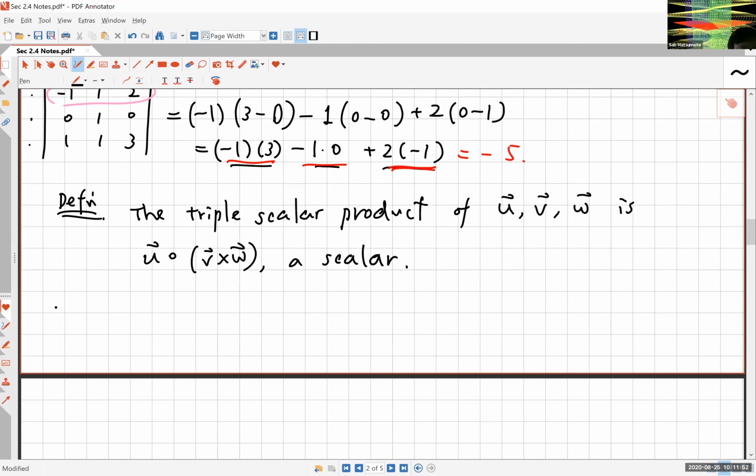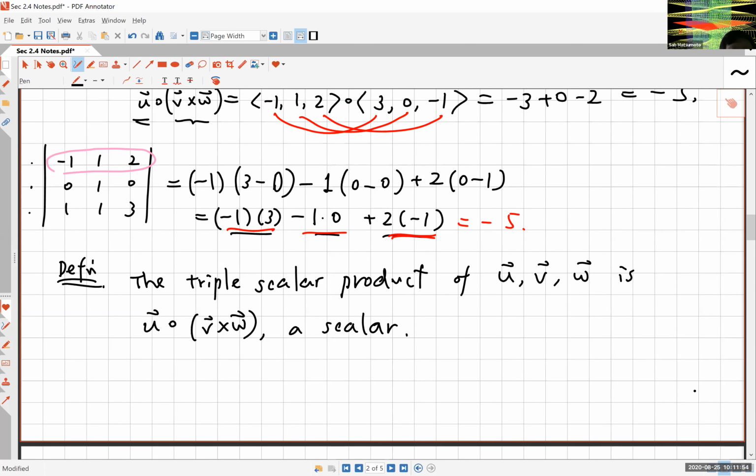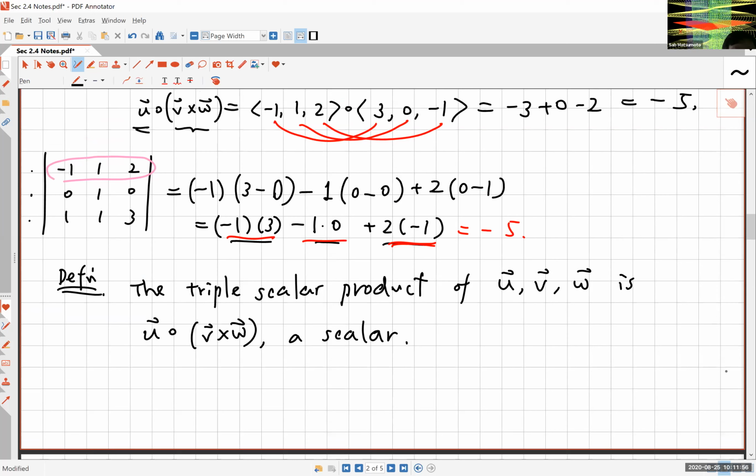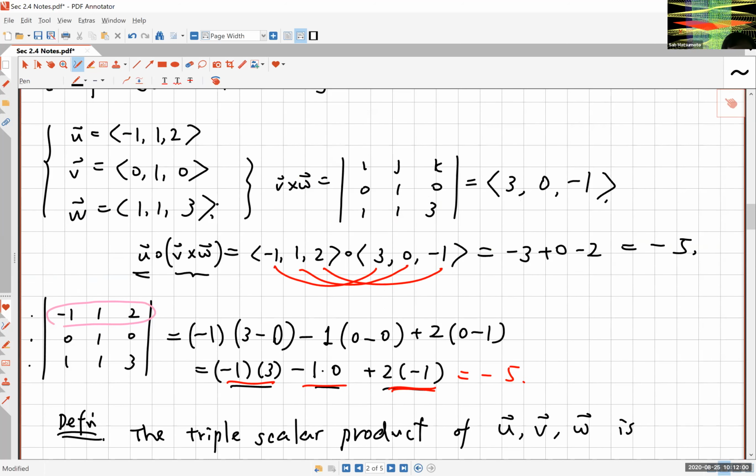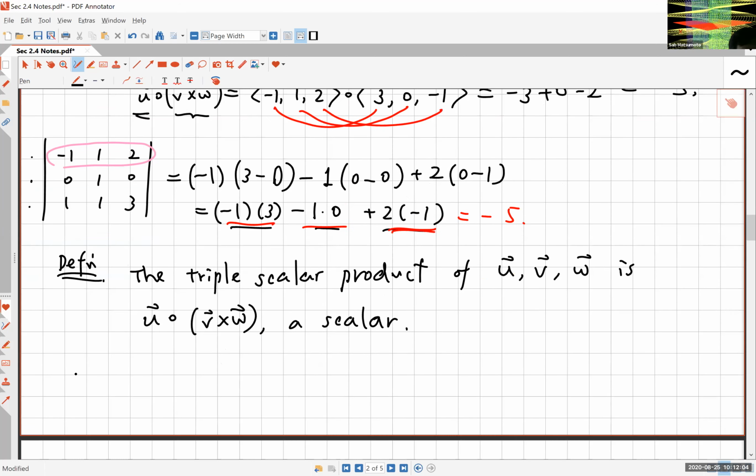Now, I want you to take the same thing in here. What I have is u. Try to use these u, v, and w. And I want you to calculate, as I pause this and as I conclude the second part of this, before you go to the third part, w dot u cross v, which is quite different from this, right?